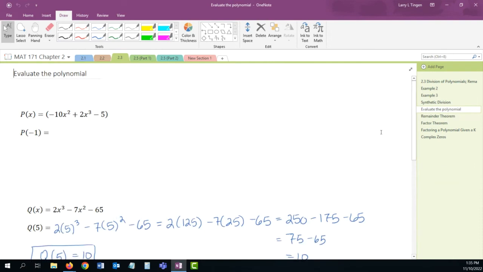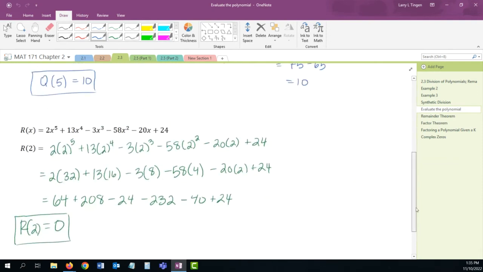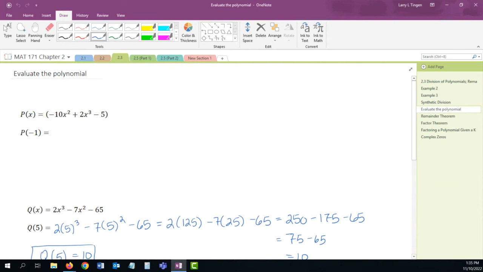Now, this next page is evaluate the polynomial. The only reason we're doing it is because of a property that's going to show up. This is the last problem we just did. And so here's P of x, and I want to know what is P of x when x is -1. I do not bother rewriting the order here.